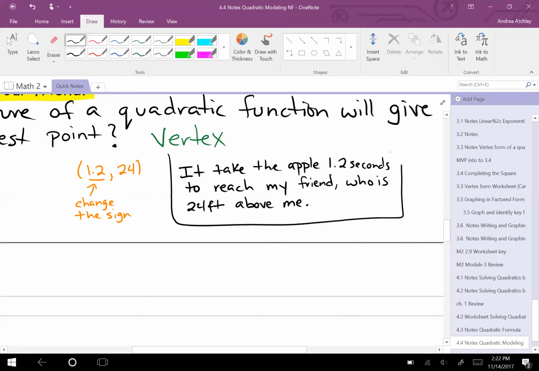And that's exactly what that vertex means. This is the time, this is the height. Any questions over that? Okay, on the back.